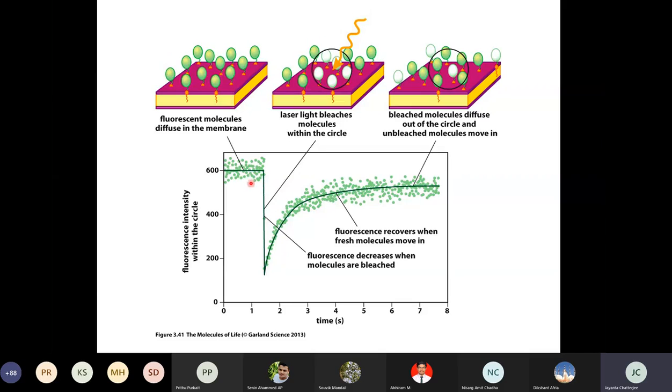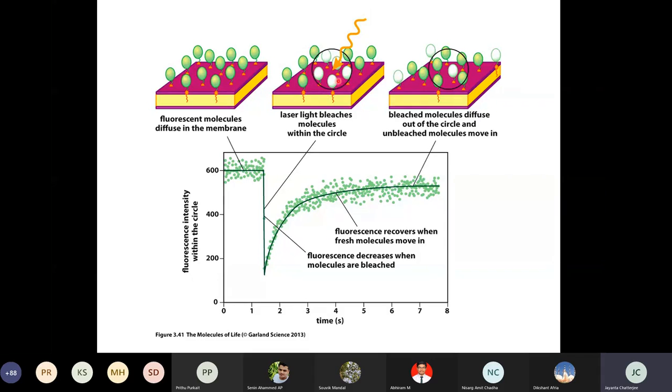That is why initially it was at 600. It's also possible that, when you are bleaching at this specific region, the circle, the laser must be a very good laser, but I am not sure about the thickness of the laser, up to angstrom lengths or whatever nanometers length at which the molecules are bleaching.